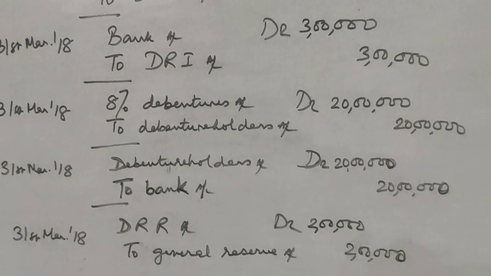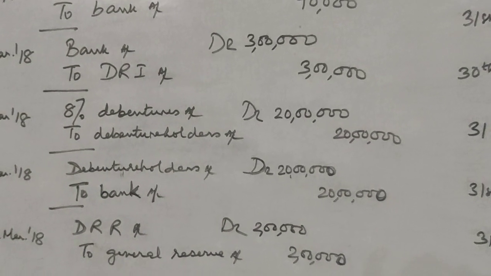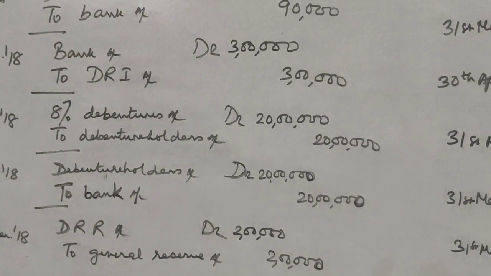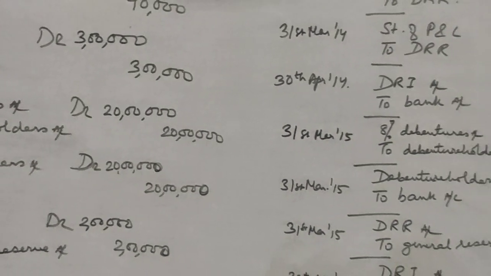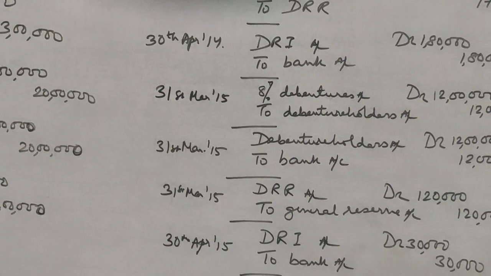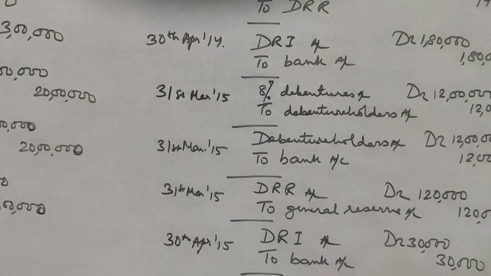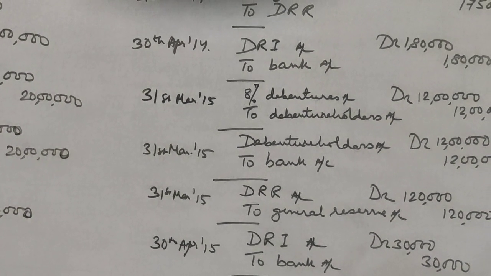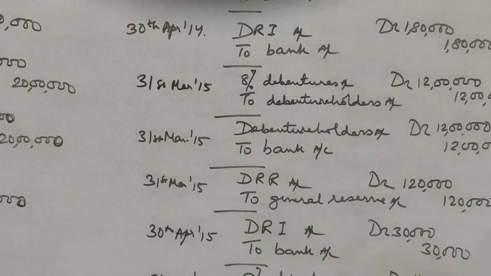So that is why after every repayment of debentures, some amount was transferred from debenture redemption reserve to general reserve. It will be equal to 10% of the value of the debentures which have been redeemed.